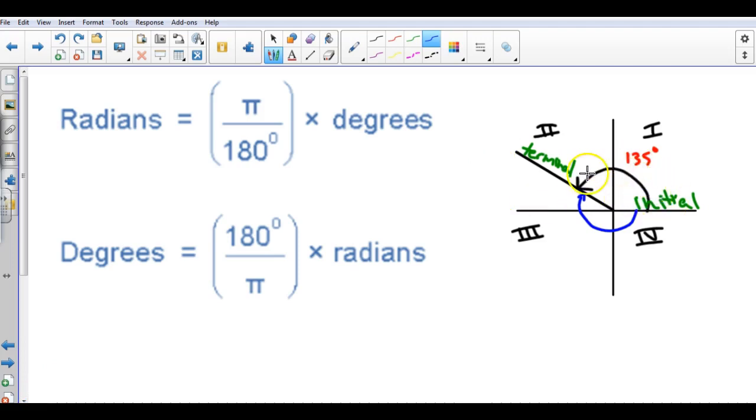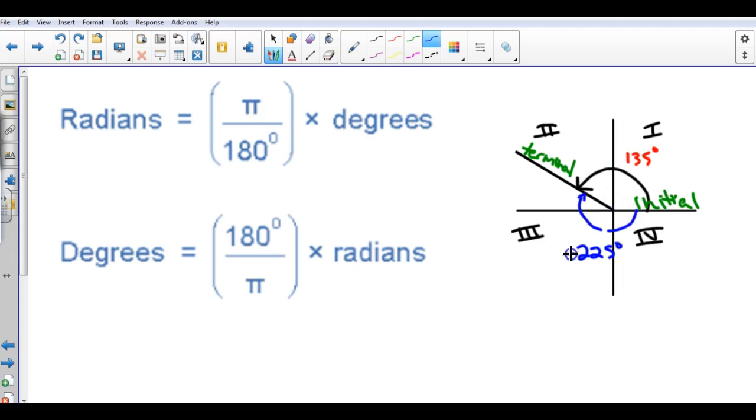So from 135, I would need 45 degrees more to get to 180. And again, if I went 180 degrees this way, I would just take my 180 and add my 45. And what that means is that this angle going around clockwise would be negative 225 degrees. The other way that I could get that is, if you know a full circle is 360, just take 360 minus 135. You're going to get 225.